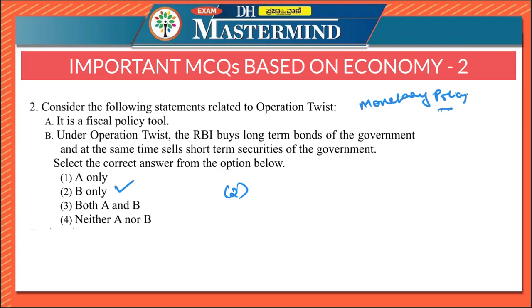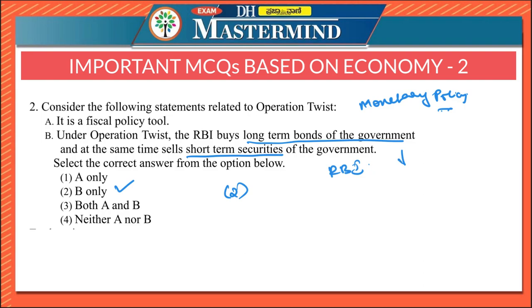So what is this Operation Twist? Operation Twist is when the central bank, in the case of India the RBI, uses the proceeds from the sale of short-term securities to buy long-term government bonds, leading to easing of interest rates on the long-term paper.